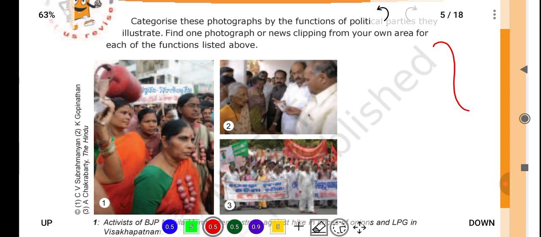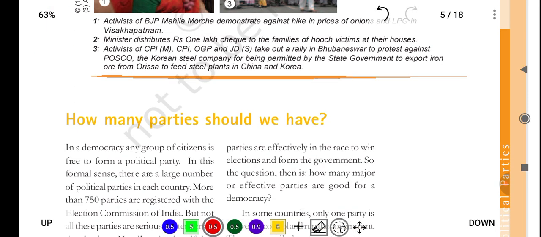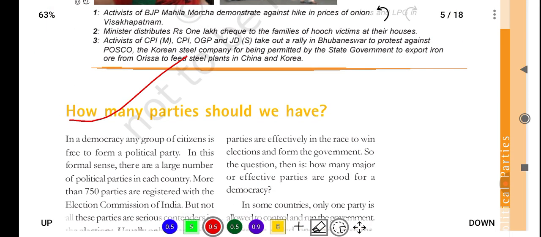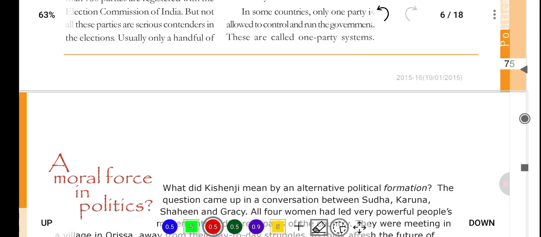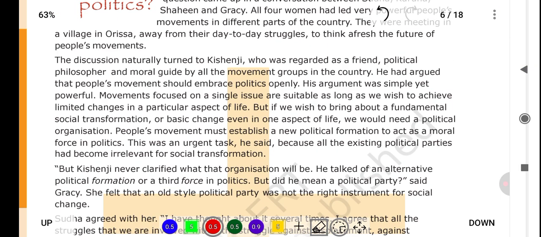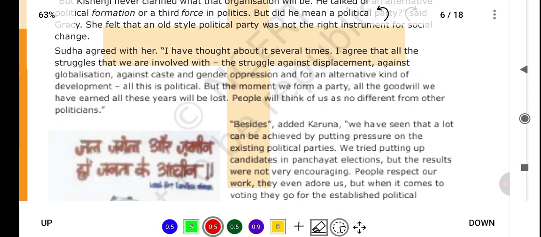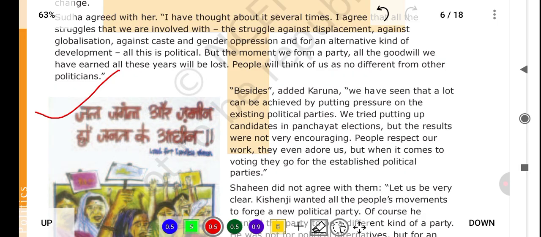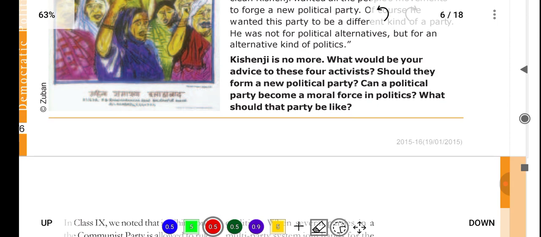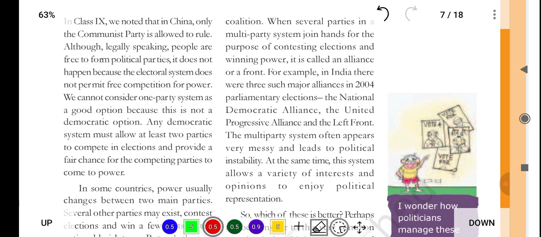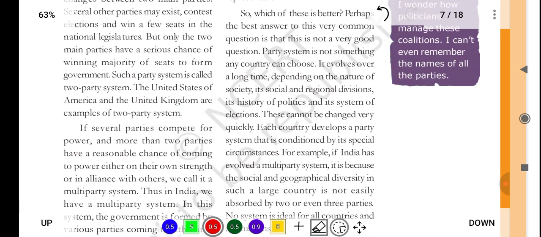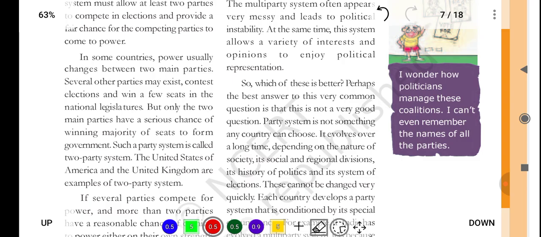Then let us revise section for you guys. You can pause the video and take a look at the picture and what is there in the context of this portion. Okay, how many parties should we have? A moral force in politics. You can read the story by pausing the video. I'll skip this for now. Then here another question.